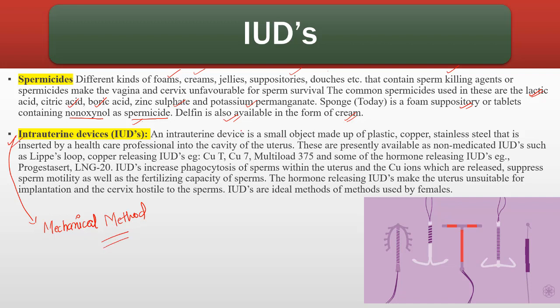An intrauterine device, or IUD, is a small object made up of plastic, copper or stainless steel, that is inserted by a healthcare professional into the cavity of the uterus. Presently available are non-medicated IUDs such as Lippes loop, copper releasing IUDs known as Copper T, Copper 7, Multiload 375, and some hormone releasing IUDs as well, like progesterone.